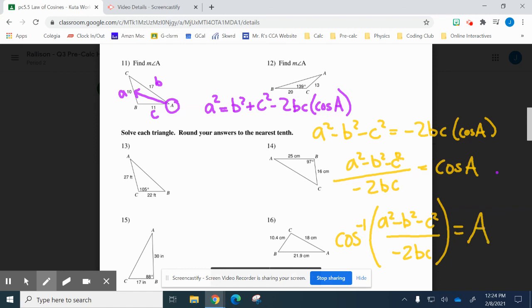That's going to give you the actual angle A that you're trying to solve for. And that's the way they all work.